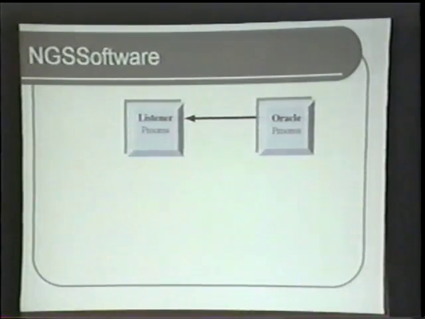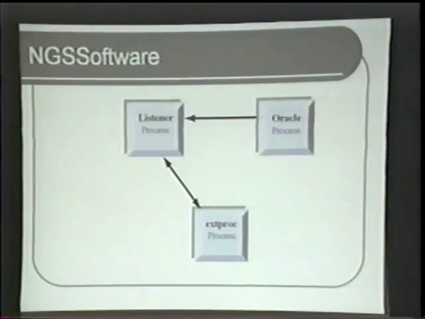Right, so we have the Oracle process, turns around to the listener on port 1521 and says, please start extproc for me, I need it. So the listener starts the extproc process, and the extproc process is now listening normally on a named pipe, although as we'll see later on, we can actually force it to use sockets. So extproc then tells the listener, hey, I'm ready and waiting.